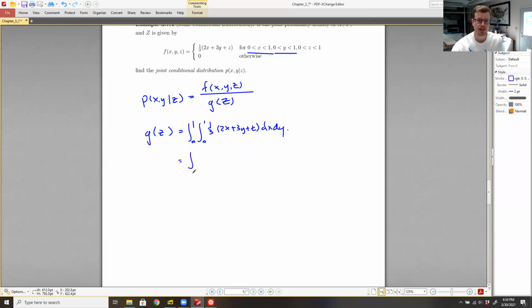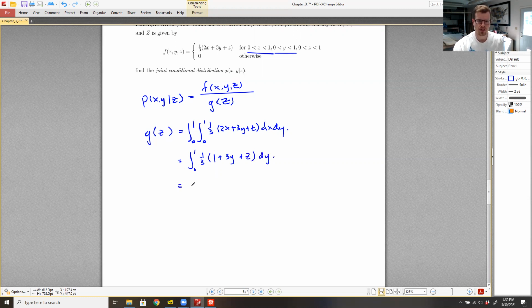You could do this quite easily yourself, or you could ask Mathematica or another computer algebra system to assist you. And you would find that this is 1/3 times 1 plus 3y plus z. Integrate with respect to y next.